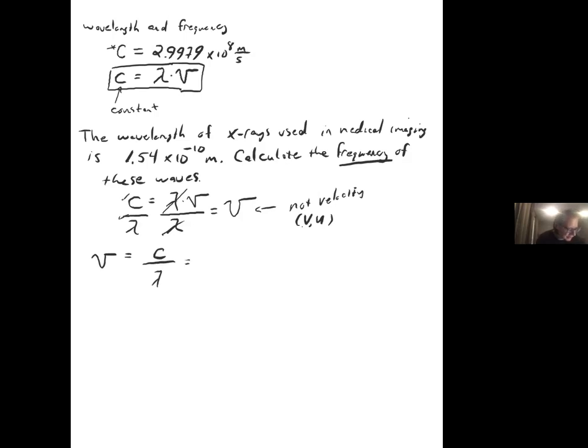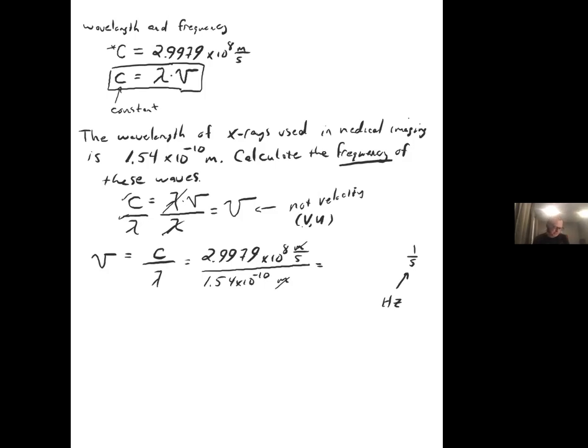So 2.9979 times 10 to the 8th meters per second, that's your speed, divided by the wavelength, which is 1.54 times 10 to the minus 10 meters. So meters over meters, and you're going to get 1/seconds. But remember, 1/seconds is hertz, right? So when we write the answer, we might want to write it in hertz.